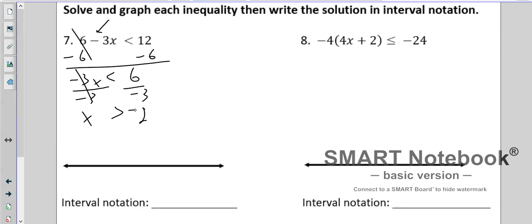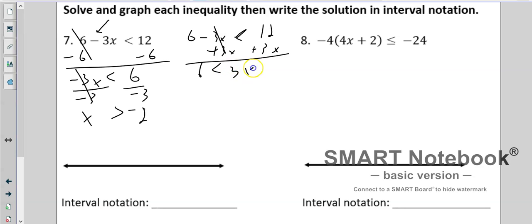Now let me just show you real quickly. You don't have to write this down, but watch what happens. I could have, with a little bit more work, moved my 3x over to the right side. That would have given me 6 is less than 3x plus 12. Then I would subtract 12 from both sides, and I would get 3x is greater than -6.